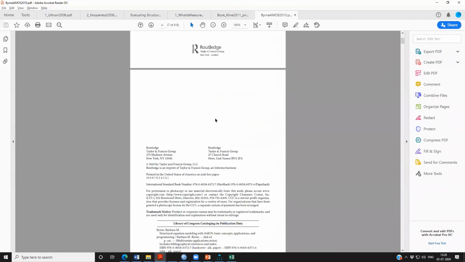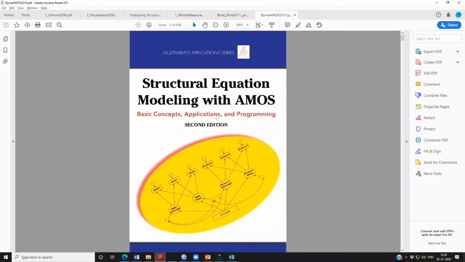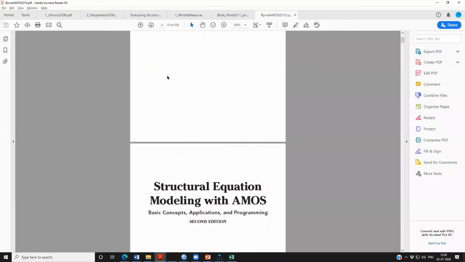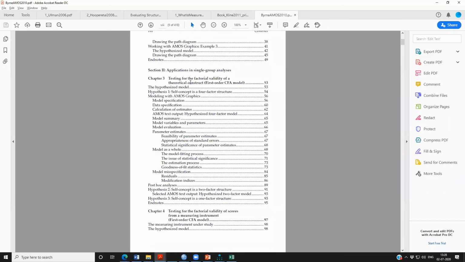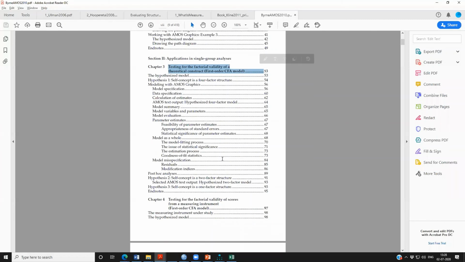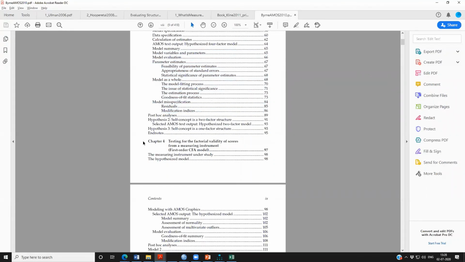You can read it at your own pace, and there are chapters for confirmatory analysis using the AMOS program, first-order CFA. In chapter 3 itself, she talks about how to do it, model summary, and model evaluation. So this is a very nice book to read if you want to learn AMOS and how to do SEM.